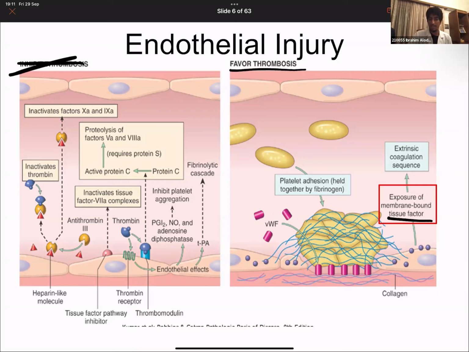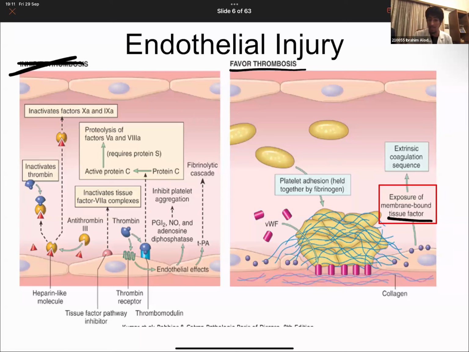Hold on, let me just explain something again, just to make things a little clearer for you guys. Throughout our blood flow, there are things constantly moving around that are preventing clotting from happening. You don't want clots to be happening when clots don't need to be happening, right? And like I said, we're going to talk about that later. However, the second there is an injury to the blood vessels, the things preventing thrombosis are all going to get inactivated.